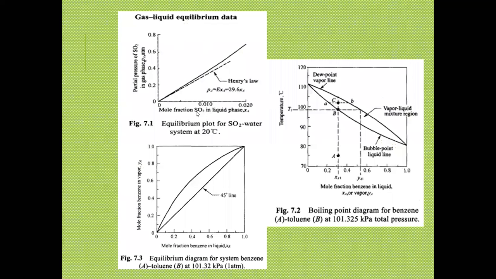If you plot the mole fraction of sulfur dioxide in the liquid phase against its partial pressure in the gas phase, you have a curve, and that curve is the bold line that you are seeing. That's the curved relationship between the partial pressure of SO2 in the gas phase and its mole fraction in the liquid phase. Actually, that's Raoult's law, relating P sub A to X sub A.